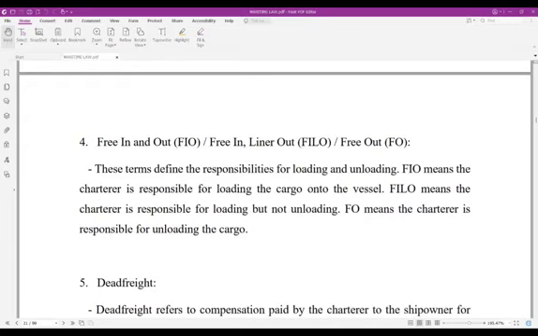The FILO means the charterer is responsible for loading but not unloading. While the FO means the charterer is responsible for unloading the cargo.